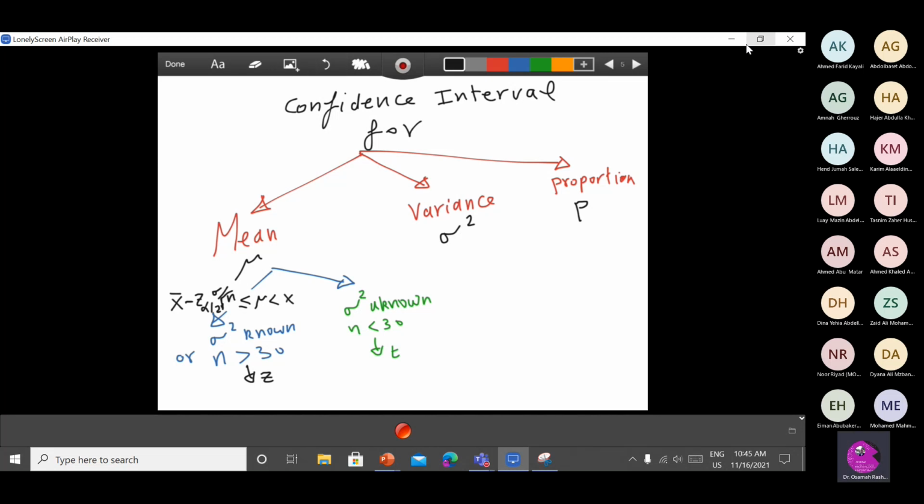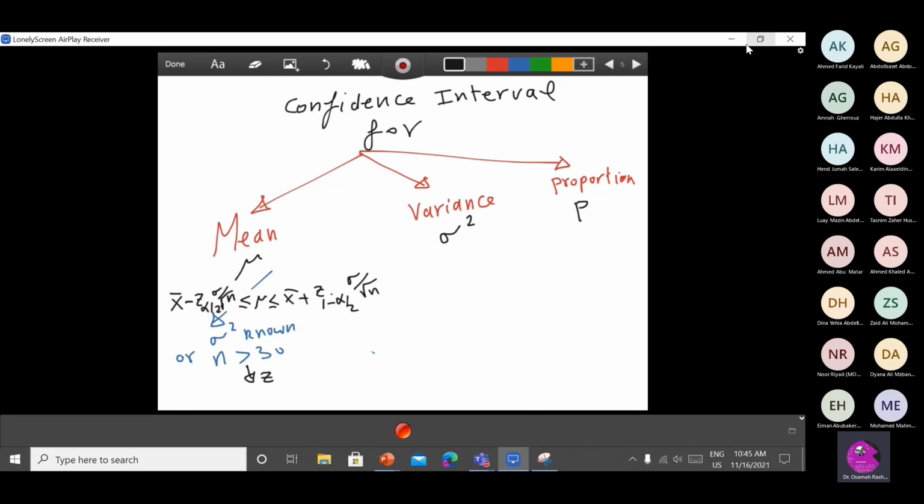So it will be x bar plus z 1 minus alpha over 2 times sigma over root n.